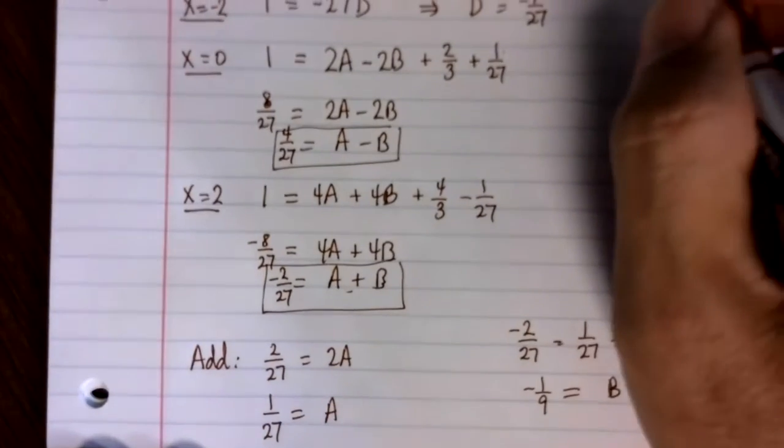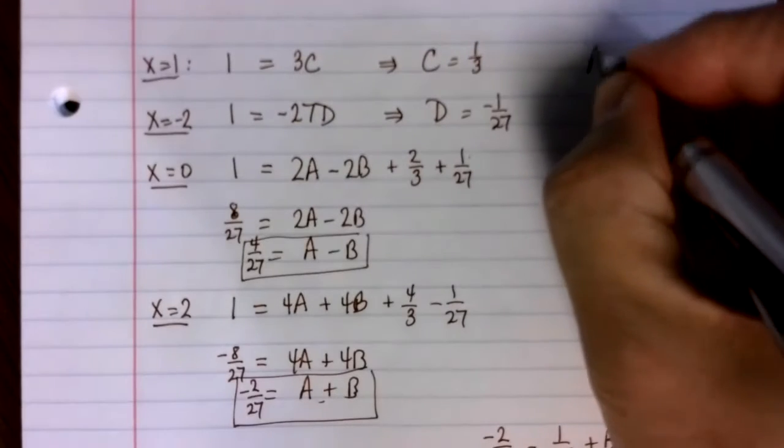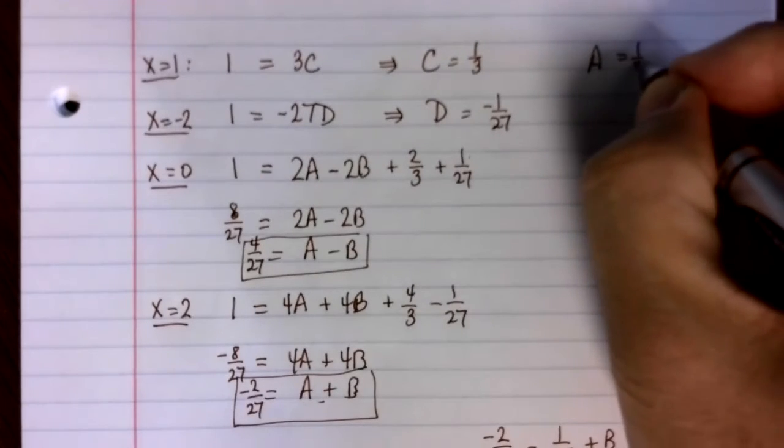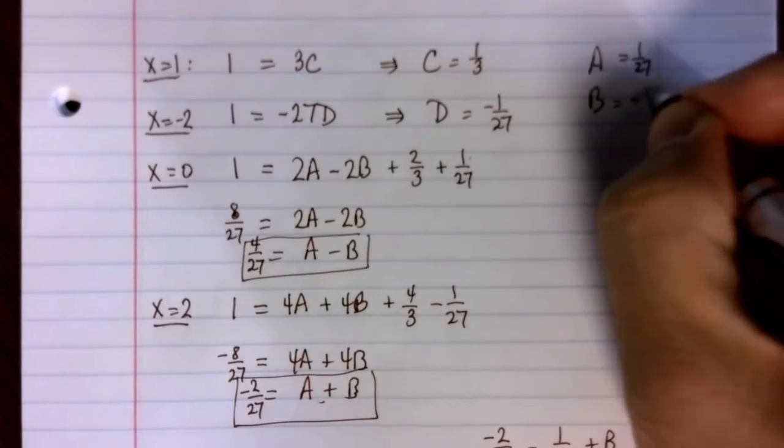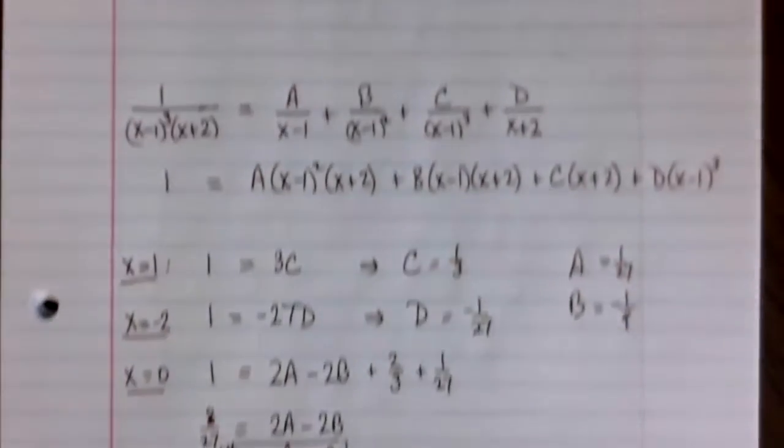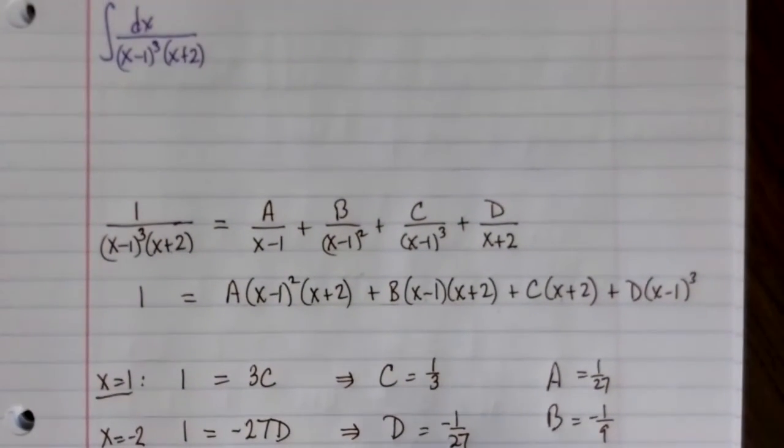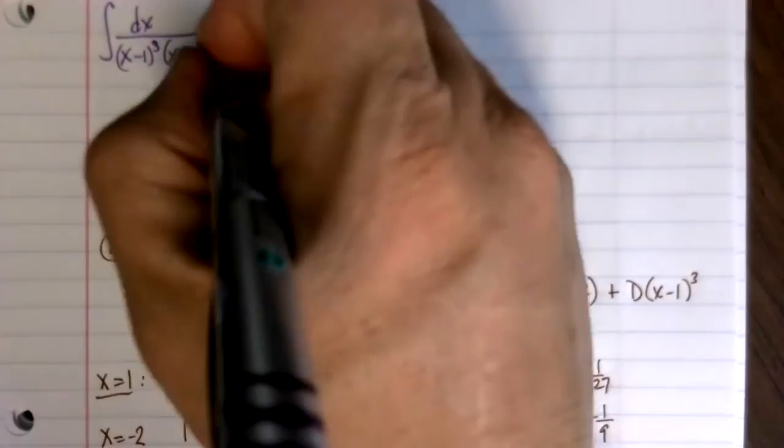Okay, so let me store that information up here, that A was equal to 1 over 27 and B was equal to -1/9. And so I can now set up my partial fraction decomposition.